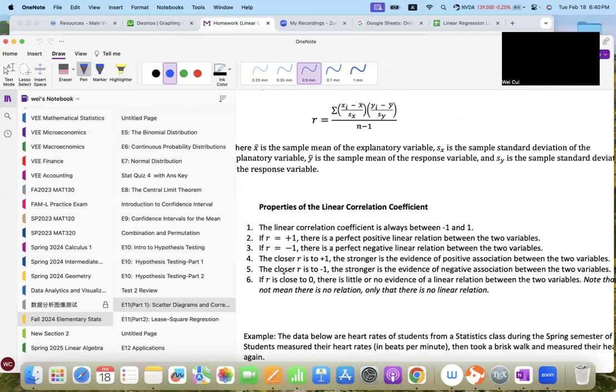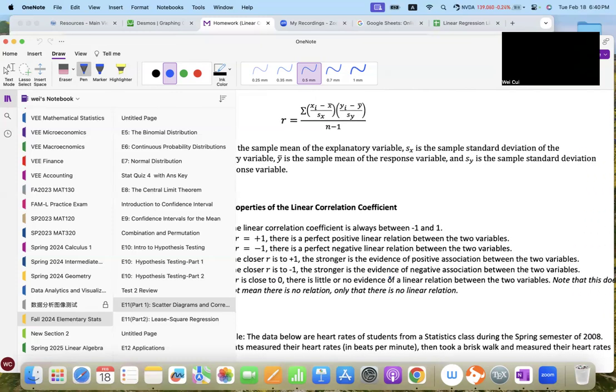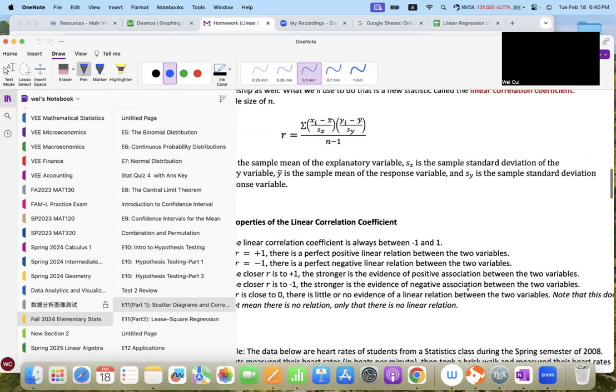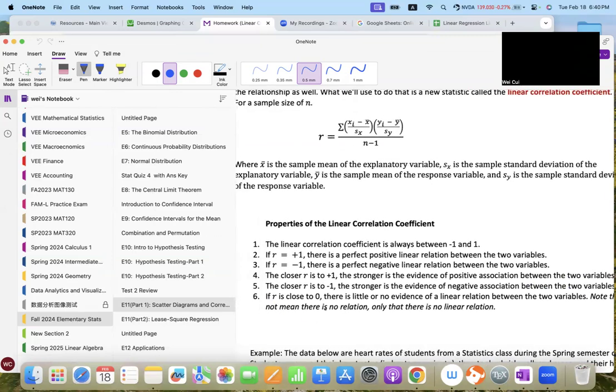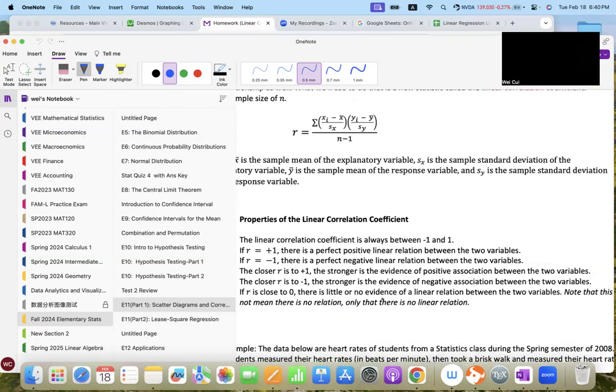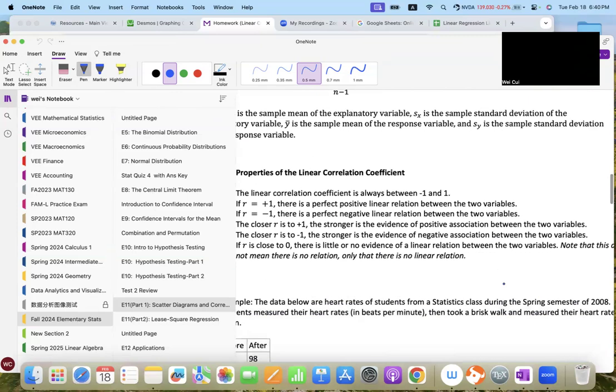If this coefficient R is very close to +1, that's an indicator we have a positive linear relation between the two variables. If R is close to -1, that's an indicator of a negative linear relation. And if R is very close to 0, there's little or no evidence of a linear relation between the two variables.